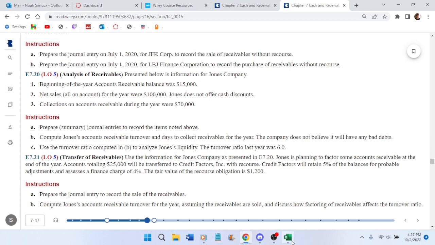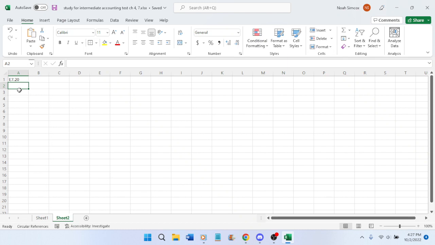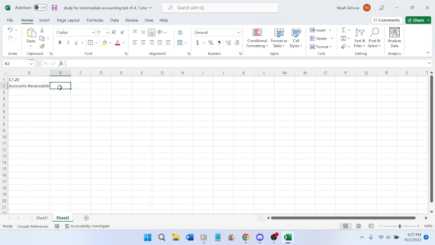Net sales of $100,000. Sales revenue. No. Accounts receivable. Did it say 100,000?